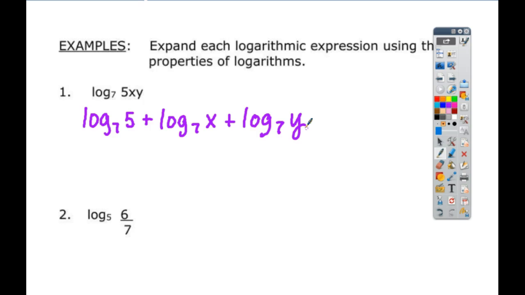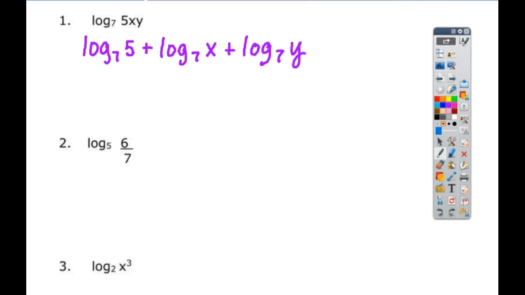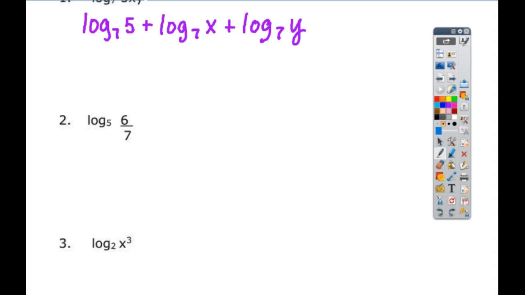And this is called log expansion. So we're taking a little thing and making it big. So on the next one, what am I doing in here? Dividing. So what am I going to do with the log? How many numbers or variables do I have? I got to have 2 logs, 1 for each.